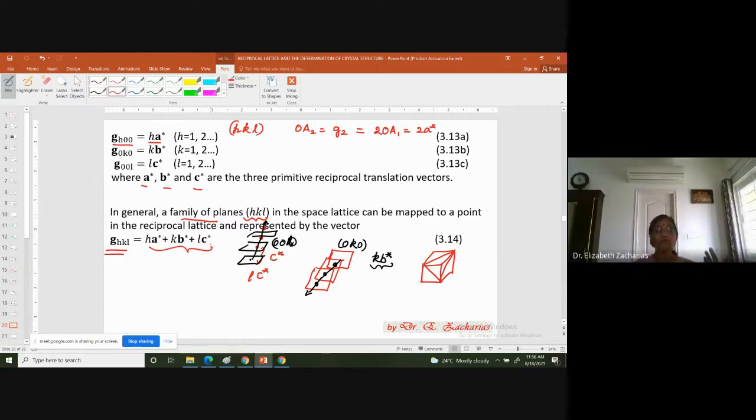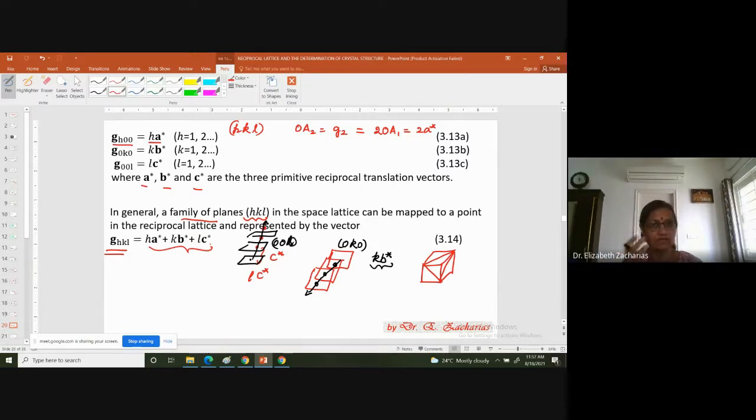And if you're talking of a family of planes having HKL, where all three are non-zero, for example a plane like this, then this family is going to be represented by a point. You draw one normal and then put a dot. That dot will represent this family.